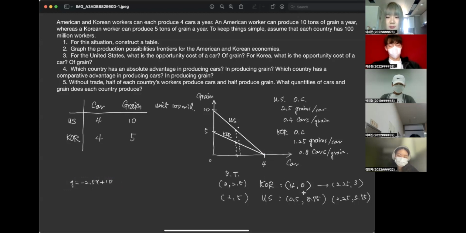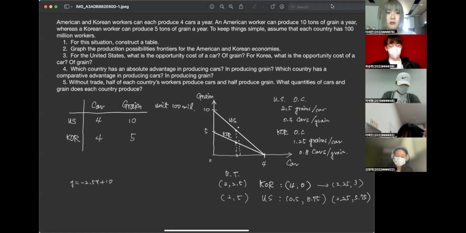Like Korea, they enjoy 2.25, and they export 1.75 cars to the US. Then the US ultimately has 1.75 plus the 0.5 they produce domestically. Add them together, 2.25 can be consumed in the US. So that's somewhere right here, 2.25 as car consumption of both countries.